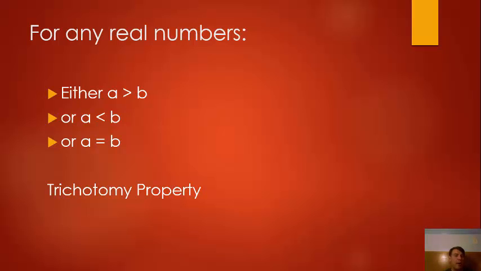Now, if you're starting an Algebra 2 course, you probably know which ones the greater than or less than symbols are. It's fairly easy to remember in that the small part of a less than points to the smaller number, and the big part of a greater than or less than points to the greater number. So when a is greater than b, the big part is pointing toward the big part, and the small part is pointing toward the small part.